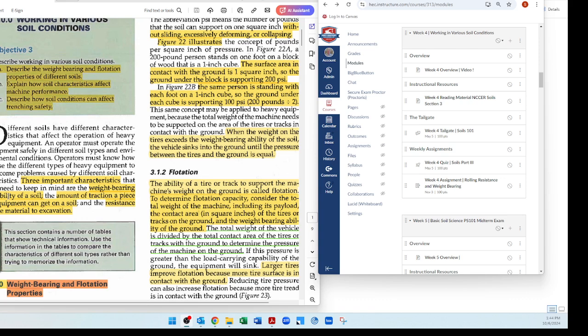They didn't mention rolling resistance, which is also another resistance, but what they're talking about here is wet clay. If you've ever dug it with a backhoe or an excavator, you know it is hard to get a full bucket out of there without lifting the rear end of the excavator off the ground. That's the resistance to digging it.